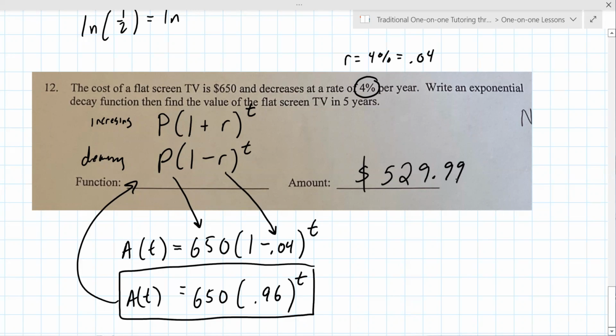Yes. And that kind of looks like a price tag you might see out there.